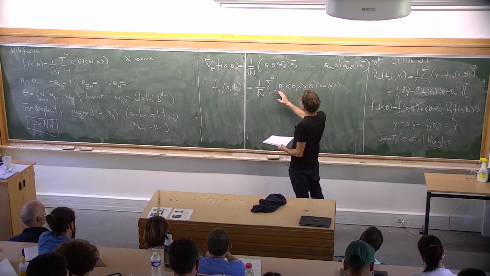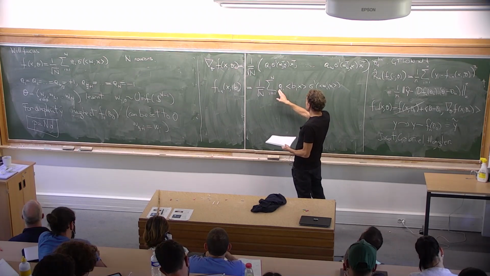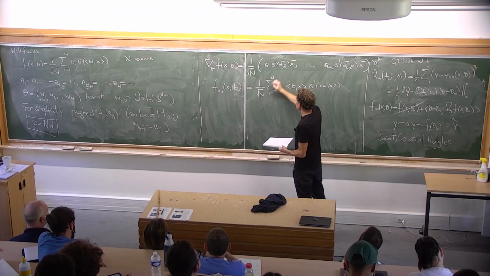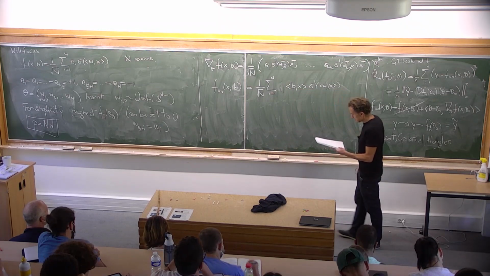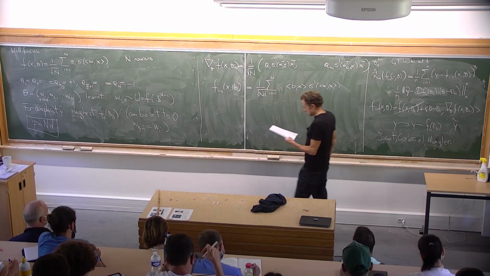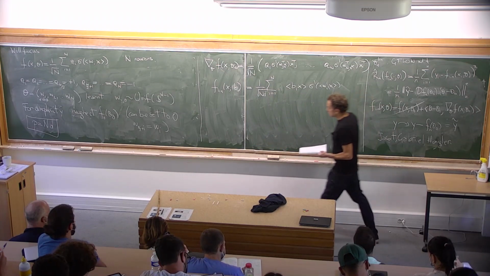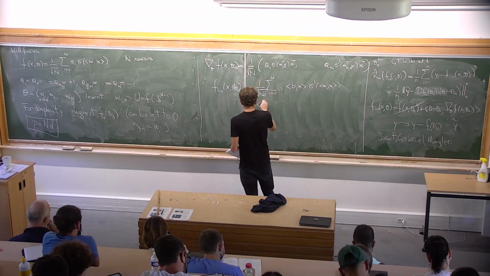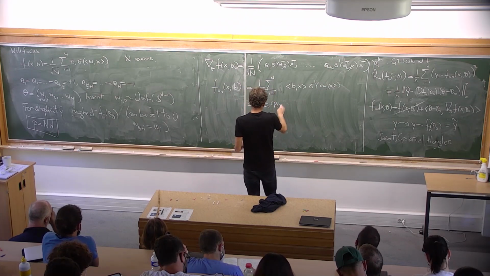I can always redefine the b's. This is a plus minus sign. I can reabsorb this in the b_i here, and actually I'll put a factor square root of d here because it's convenient. And what is this, really? It is b times phi of x.